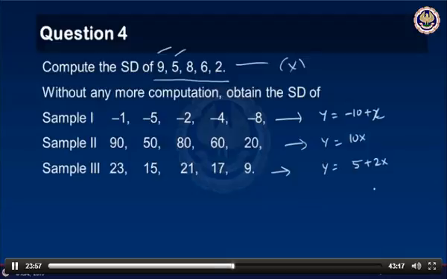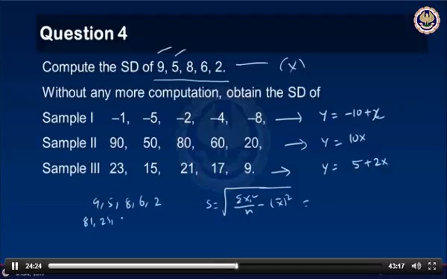Now look at the sample 9, 5, 8, 6, 2. For this data, the standard deviation s equals square root of summation of xi square by n minus x bar whole square. If you sum up the squares, 81, 25, 64, 36, 4, this is equal to 210, and the sum of these values is 30.